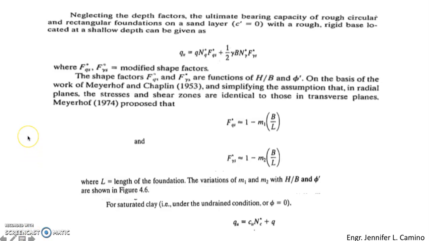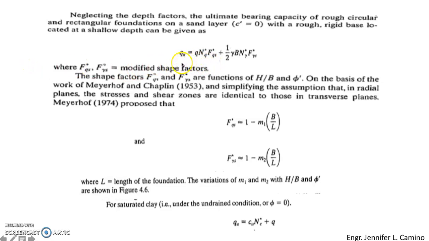Neglecting the depth factors, the ultimate bearing capacity of rough circular and rectangular foundations on a sand layer with a rough, rigid base located at a shallow depth can be given with this formula.